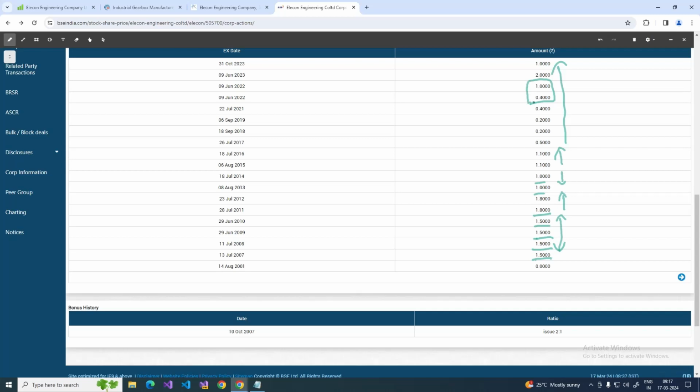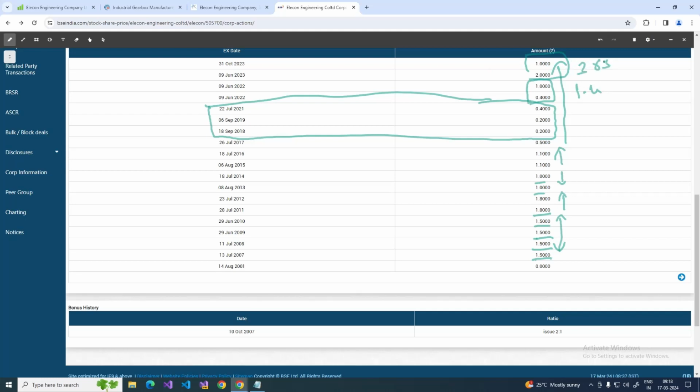So based on dividends, from 2007 onwards they are giving dividends continuously, and their dividend is increasing or constant, only in 2018 and 2019 they decreased their dividends. In all the remaining years dividends are increasing. In 2023 also they gave 3 rupees. So 2022 1.4 rupee, and then 2023 they gave 3 rupees.